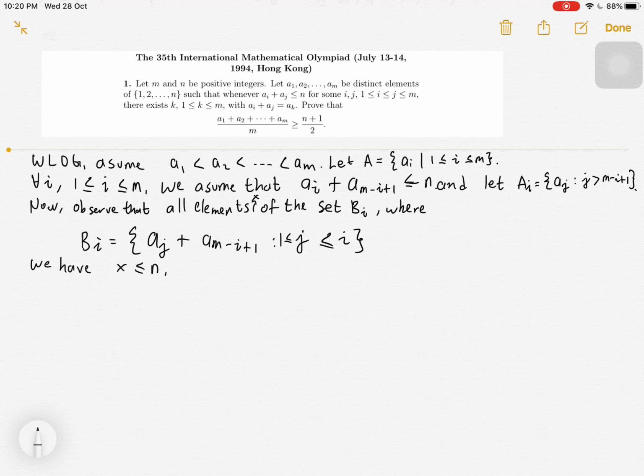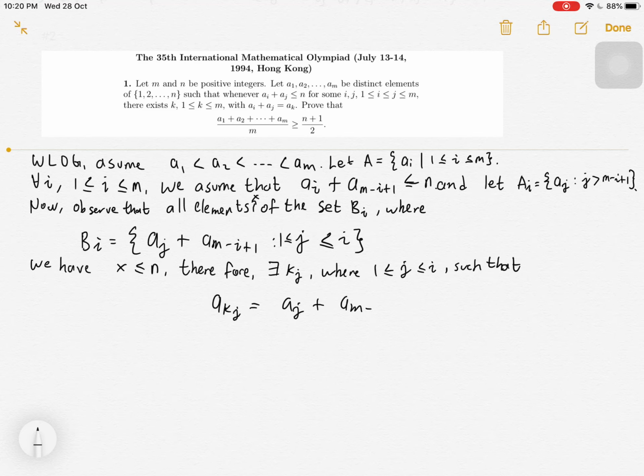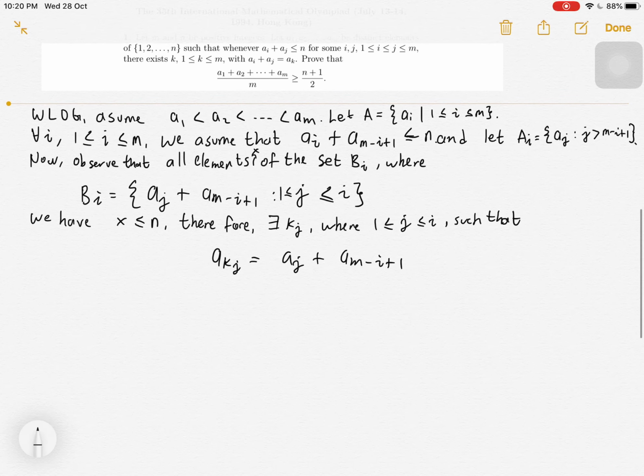Therefore, there exists some k_j, where 1 is less than or equal to j is less than or equal to i, such that a_{k_j} will be equal to a_j plus a_{m-i+1}, which is greater than a_{m-i+1}, for all i from 1, 2 until m.